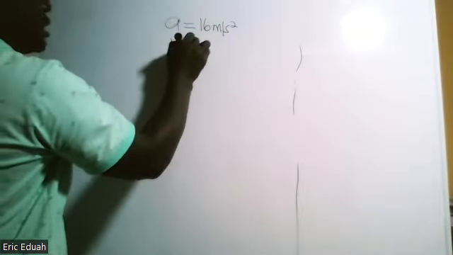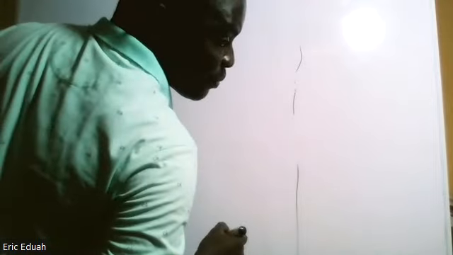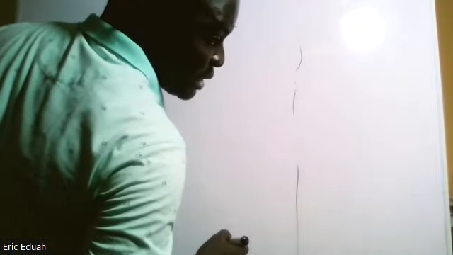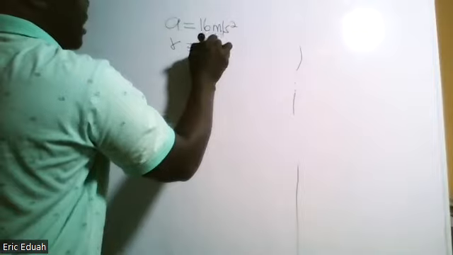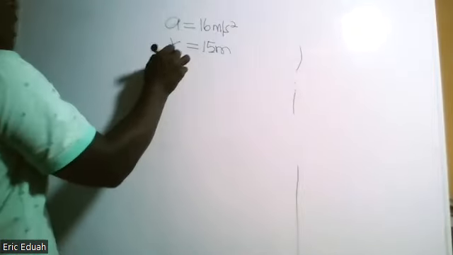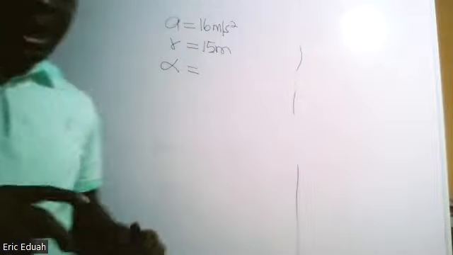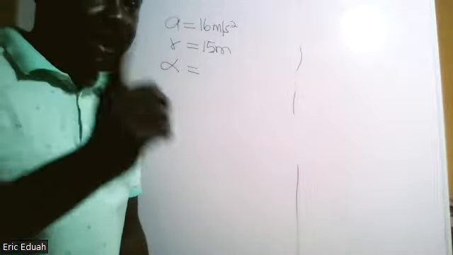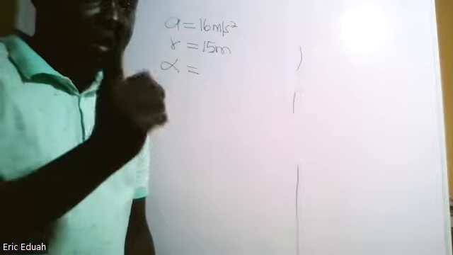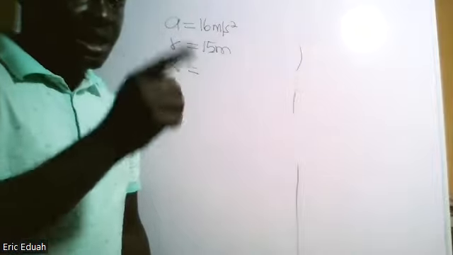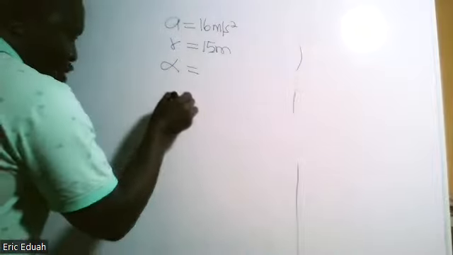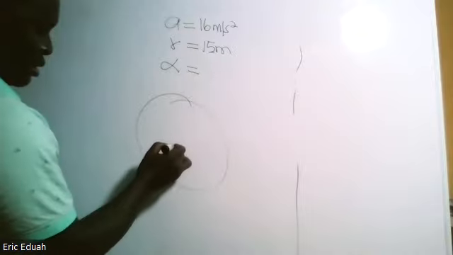The radius is given as 15 meters, and we are asked to find the angular acceleration. Don't forget, as the object's linear velocity changes with time, an object is in circular motion.